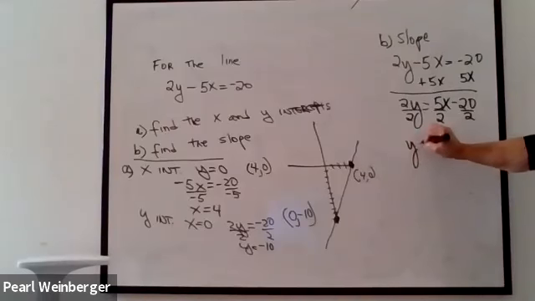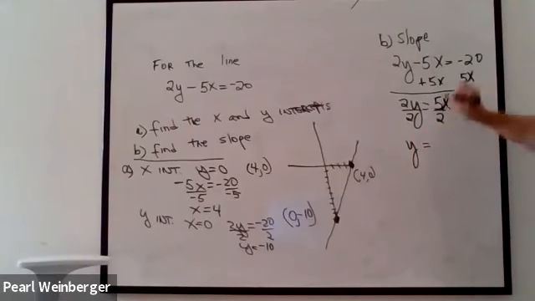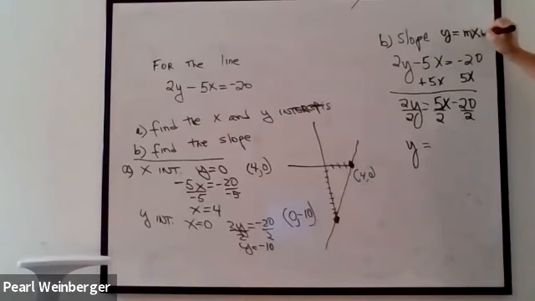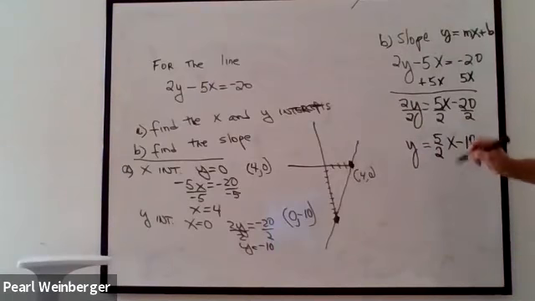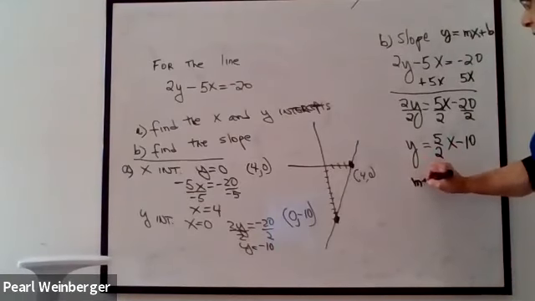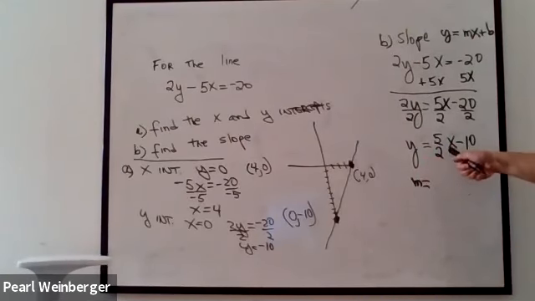This is what we call the y equals mx plus b form of the line. y equals 5 over 2 x minus 10. The m, the coefficient of the x, the number in front of the x, is 5 over 2, and that is your slope.